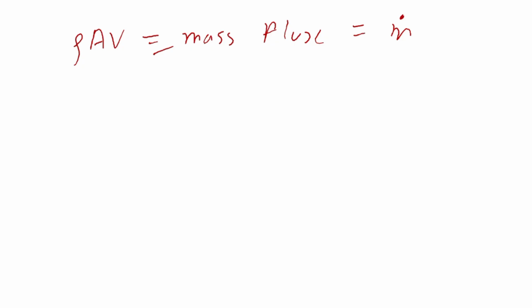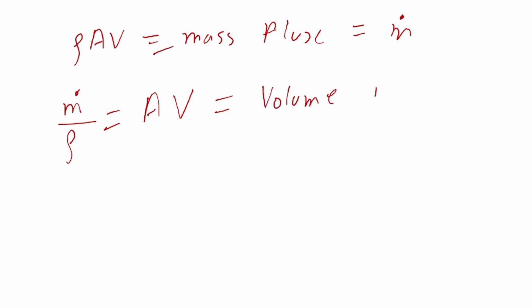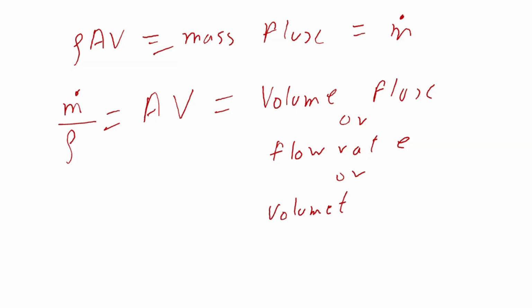You will sometimes see that if you divide mass flux by density, all you get is area times velocity, which is known as the volume flux, or flow rate, or volumetric flow rate. Okay, so that's a further simplification you can make, right?